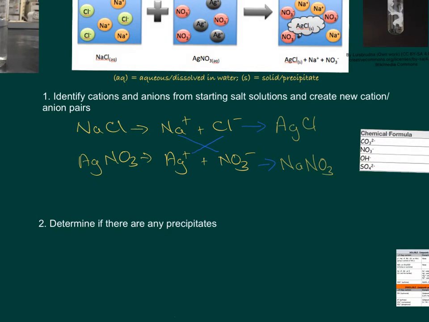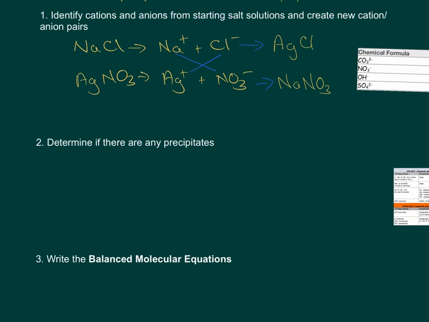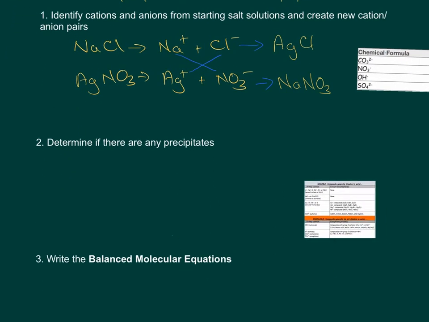What we now have to do is identify, based on our solubility rules, if there are any precipitates. So we want to decide, are these new species that form going to be aqueous, or will they be solids or form precipitates? At this point, we'll have to reference some type of solubility table. So let's take a look at the one that I have here.